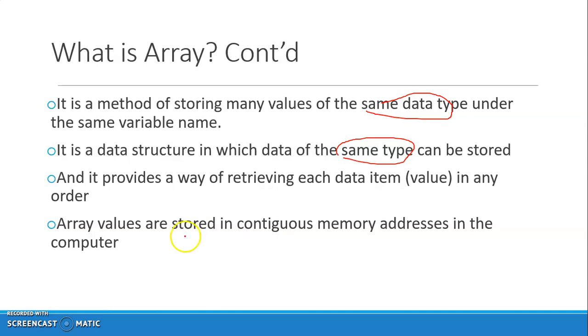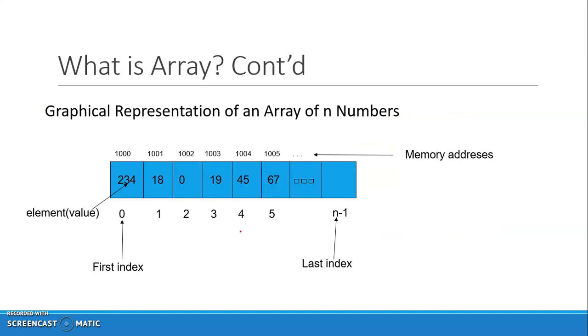So another characteristic of arrays is that when you have declared an array, all the spaces allocated, if it's an array of 10 numbers, all the spaces to store 10 numbers will be next to each other. Let's see. Here we have a representation of an array.